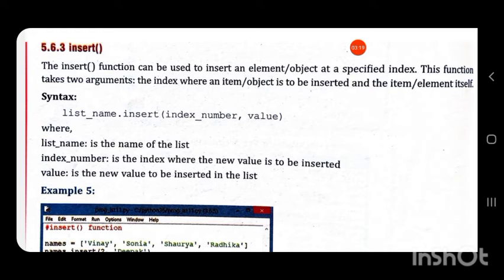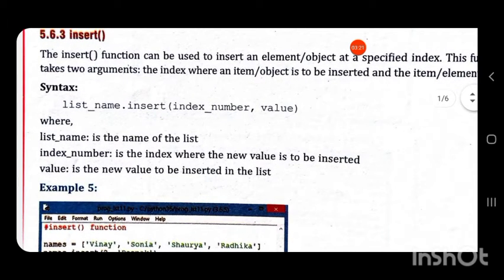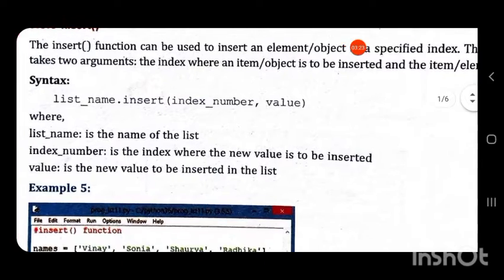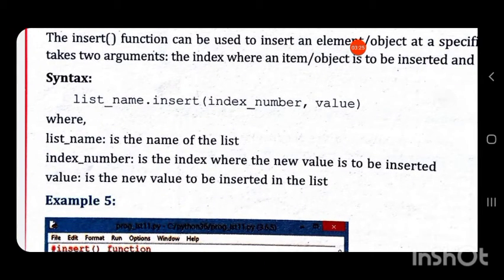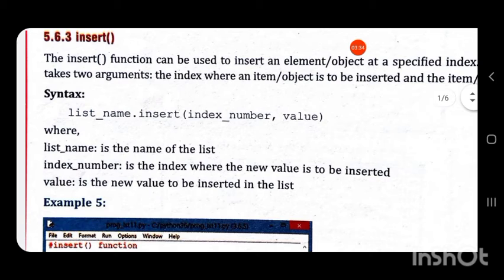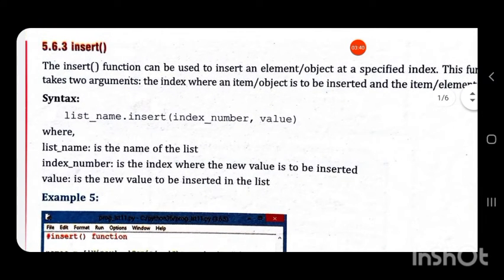The arguments to the insert function, that is, all the things that are passed inside the function, are called arguments. Inside the insert function the index position and the value are given. Index position is the index where the value is to be inserted, and the value is the element to be inserted.